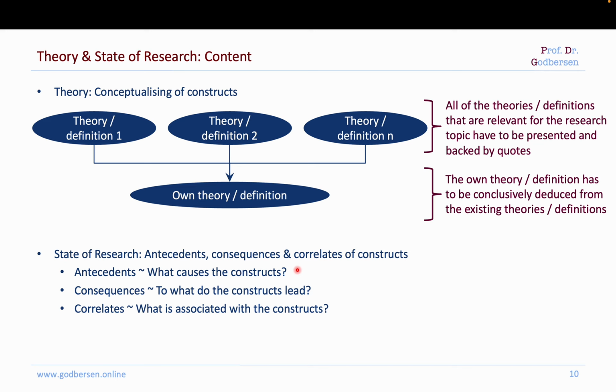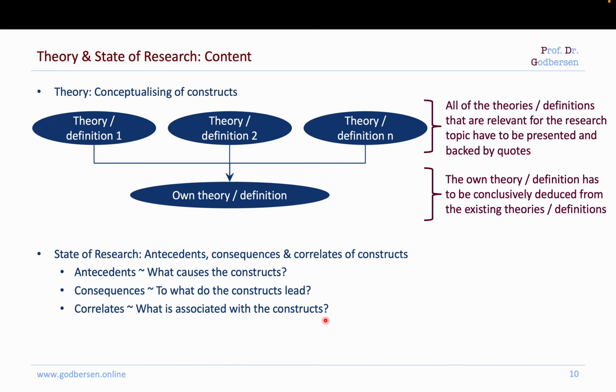A good team I'm working in, a good pay I'm getting, a purpose in my job. That might all lead to work satisfaction. What are the consequences of work satisfaction? That might be organizational commitment. And then you have correlates, to keep it really simple, perhaps a bit stupid: work satisfaction correlates with work dissatisfaction.